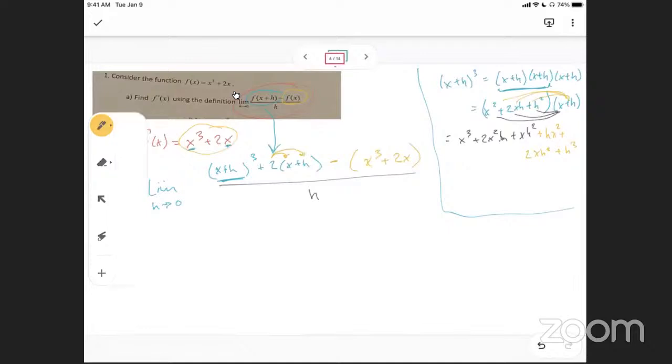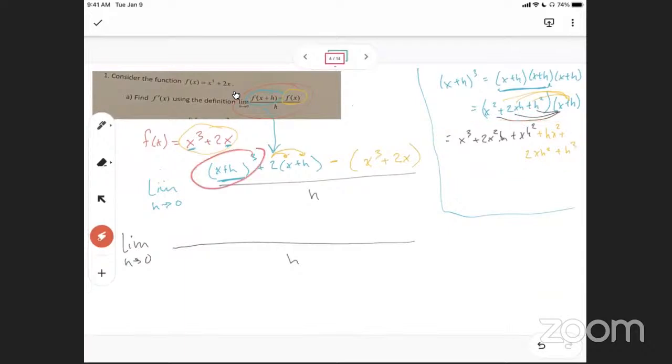So now I'm going to rewrite my expression here. This is the limit as h goes to 0 of, so I'm going to write everything on the top. Remember, this whole thing right here was just that multiplied out. I'm trying to think if I can add any like terms. Oh yeah, I can add these together.